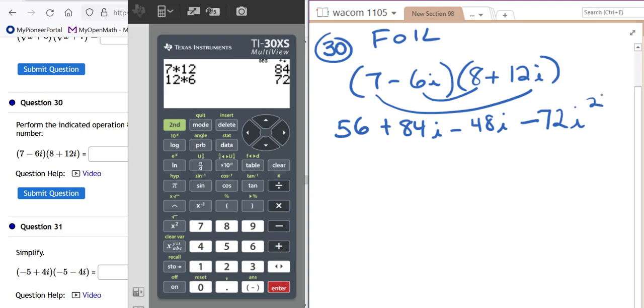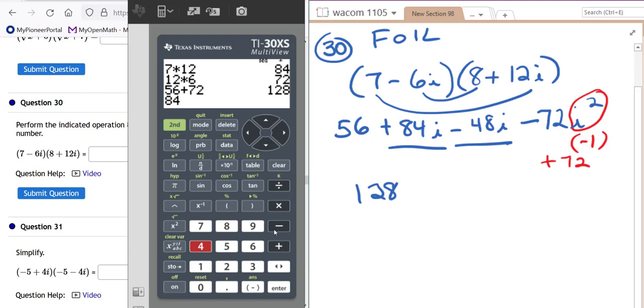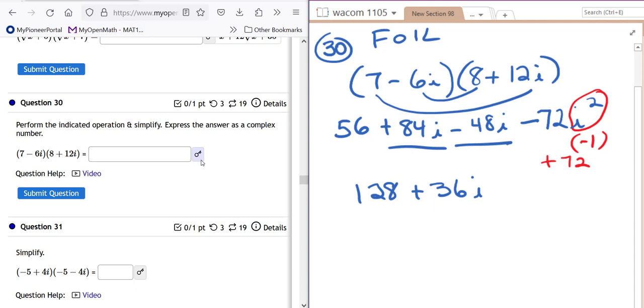I squared is a negative 1 times a negative 72. This gives you a plus 72. All right, so we have 56 plus 72. This gives us 128. And your I terms can go together. 84 minus 48. So this is a plus 36i. Good.